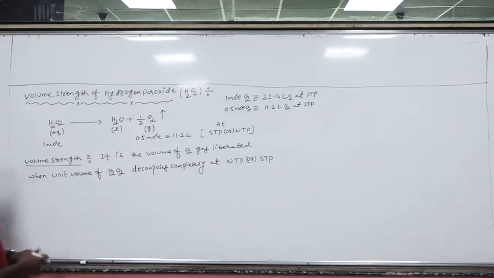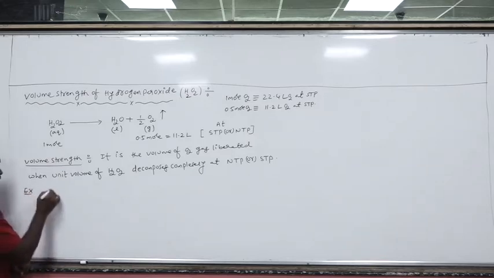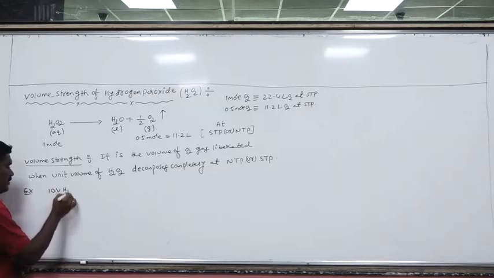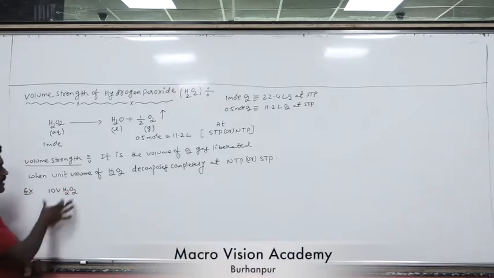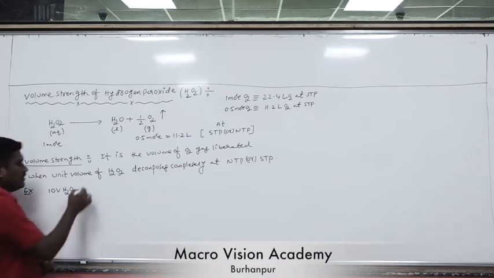Let's suppose, for example, we have 10 volume H2O2. What is the meaning of a 10 volume H2O2?